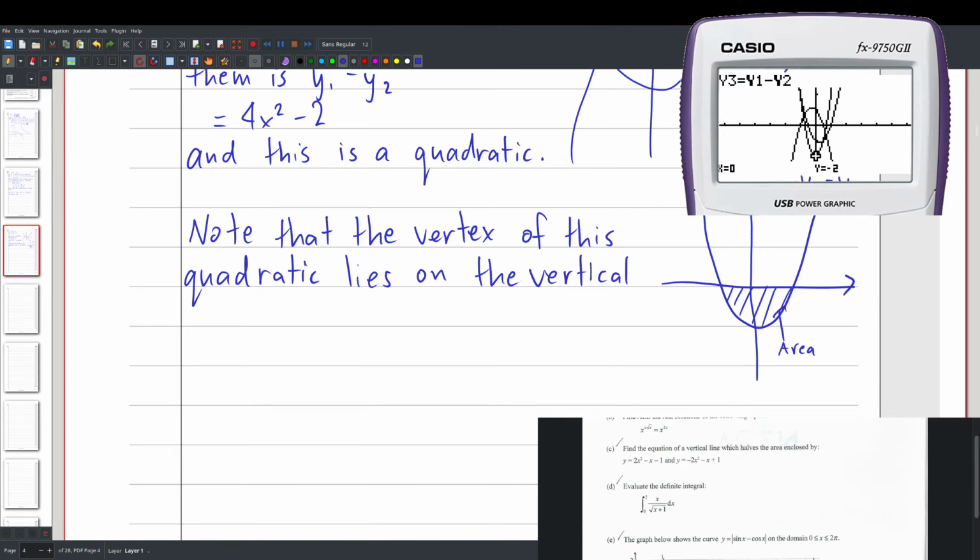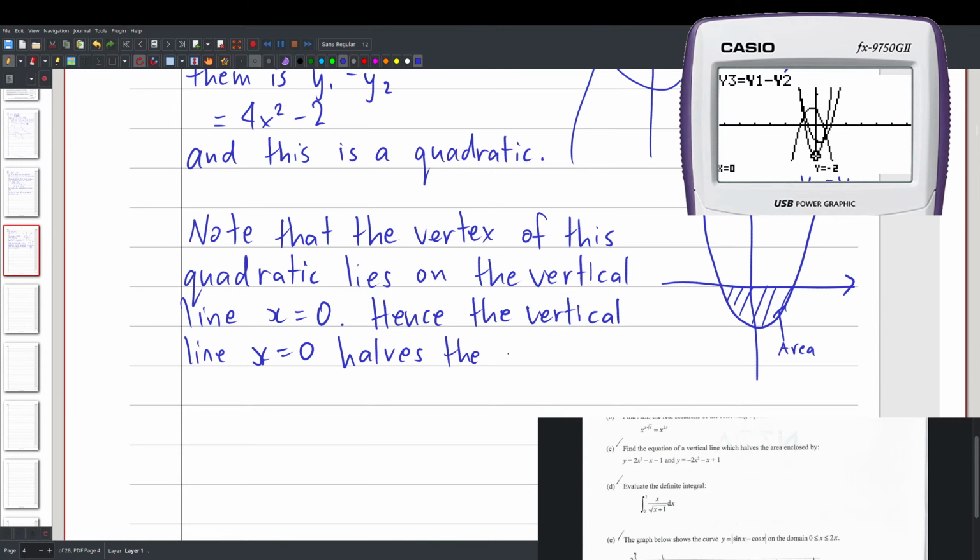Well, this is what they're asking, right? Equation of a vertical line which halves the area enclosed. Yeah, okay. On the vertical line x equals 0, hence the vertical line x equals 0 halves the area by symmetry.